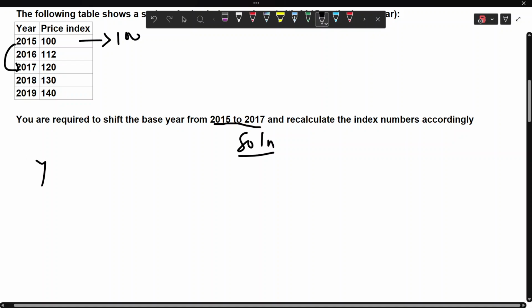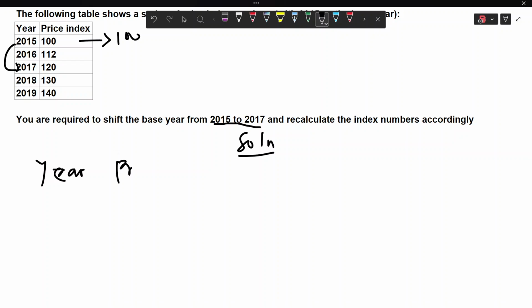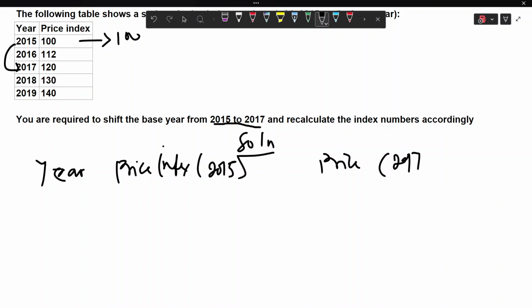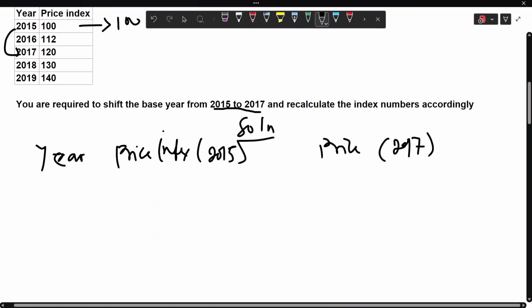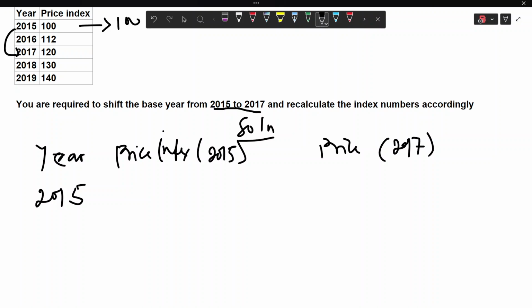So we have the year, then we have the price index based on the 2015 base year. So here is 2015 as the base year. Then we also have another price index, based on 2017 as the base year. So for year 2015, the base year index is 100.